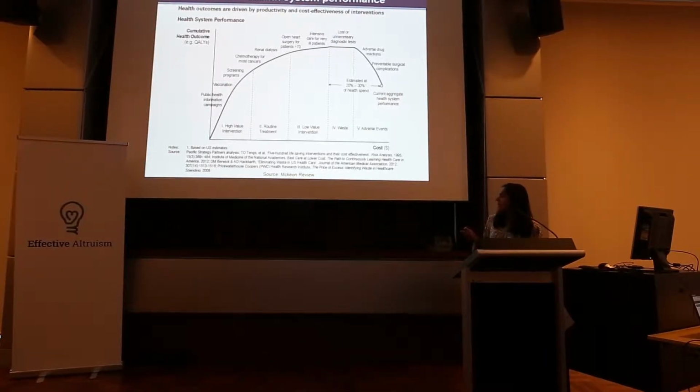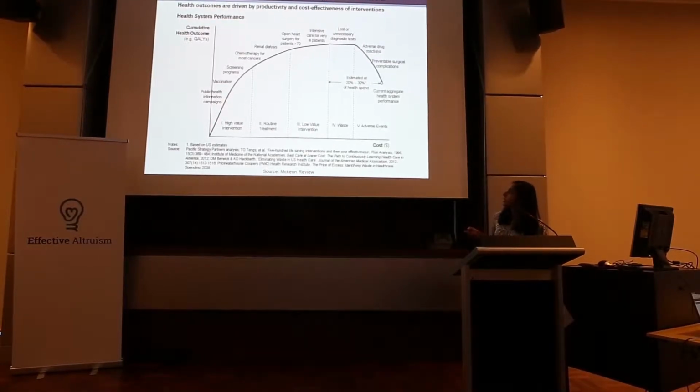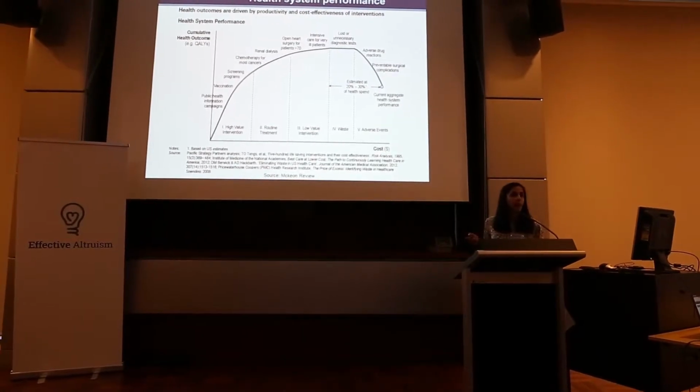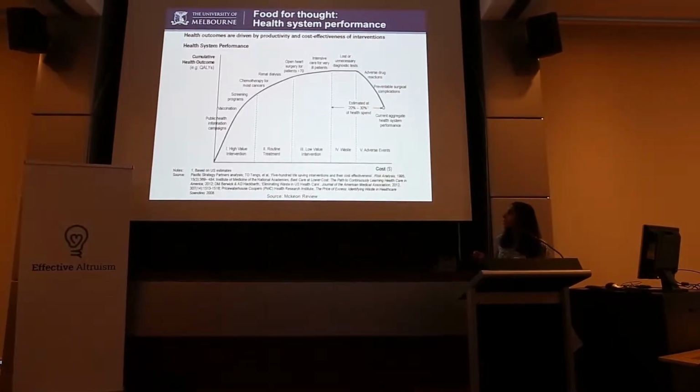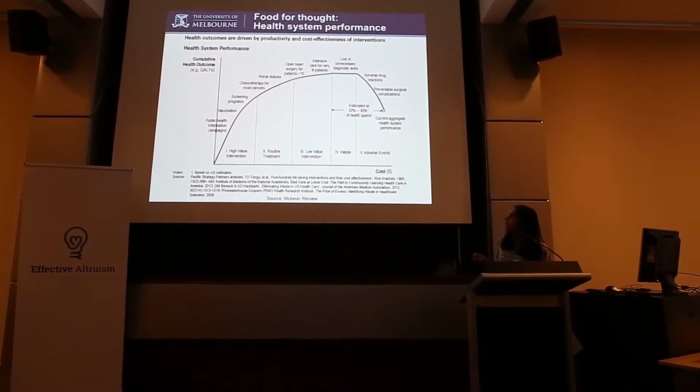So in this case, it could be QALYs, it could be life expectancy, it could be DALYs averted. But in general, what's important to note here is the slope of the line, the slope of the curve. So when you talk about high-value interventions, we're getting a lot of gain on our y-axis per increment on our cost axis. So per dollar spent, we're getting a lot of value.